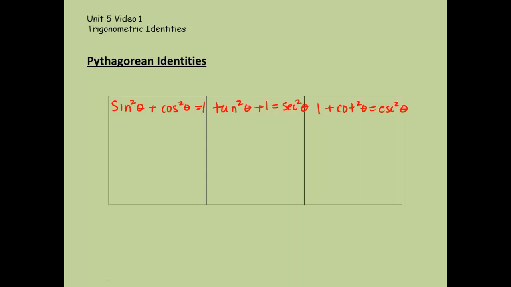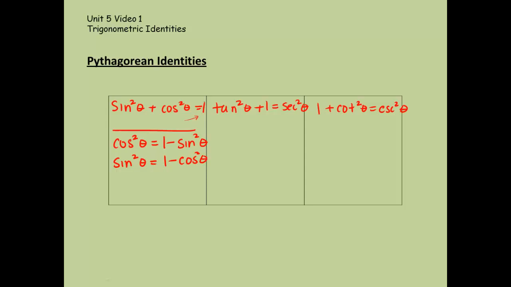If I were to subtract sine squared of theta to the other side of the equation, I would be left with cosine squared of theta equals 1 minus sine squared of theta. Had I instead decided to subtract the cosine squared to the other side of the equation, I would have been left with sine squared of theta equals 1 minus cosine squared of theta.